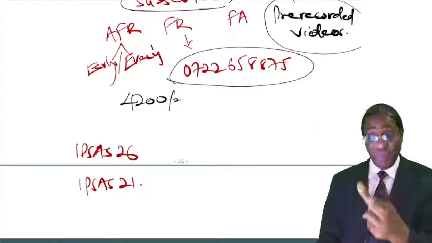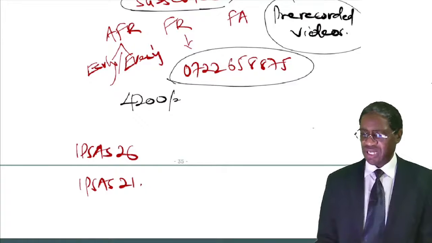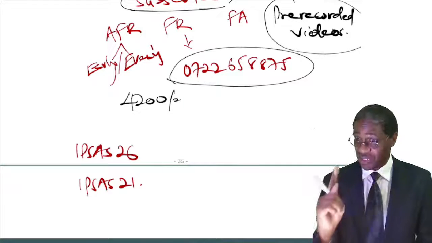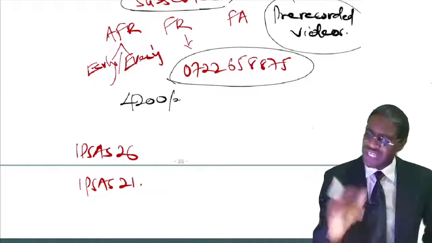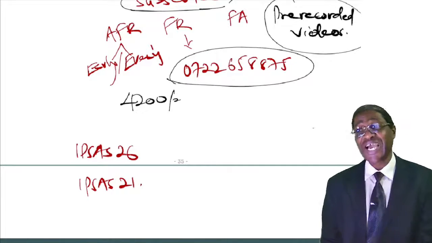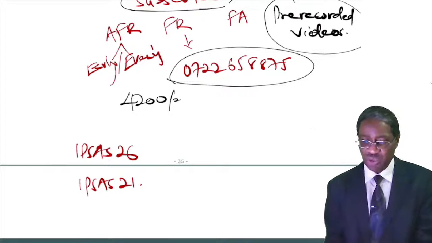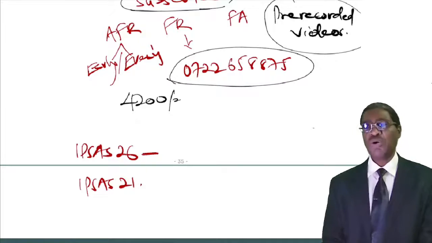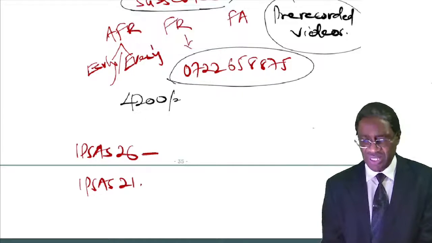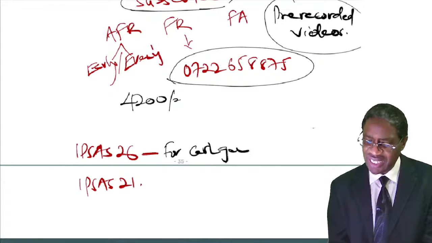What are they for? If you as a public sector entity have an asset which on its own can generate cash flows, then you will apply the principles of Ipsas number 26. So number 26 is for cash generating assets.